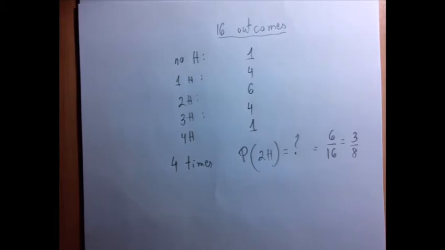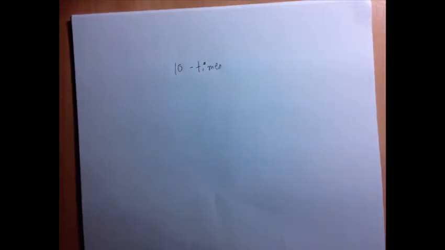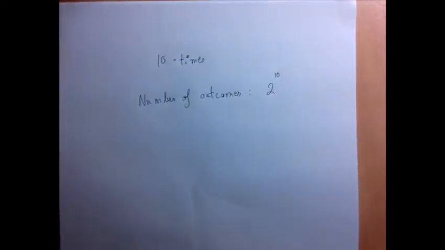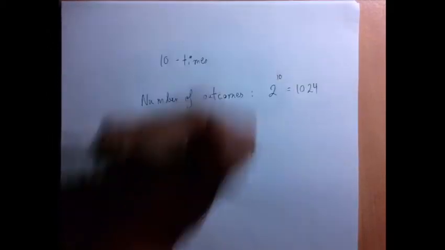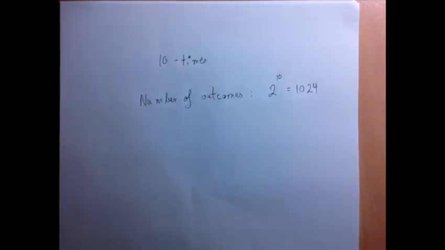Now let's see a similar example, but with larger numbers. Suppose we toss a coin 10 times. Then the number of outcomes is 2 to the 10th power, right? Each toss has 2 possible outcomes. That's 1024. That is not fun to list, so we're going to have to think here and there instead of just listing.